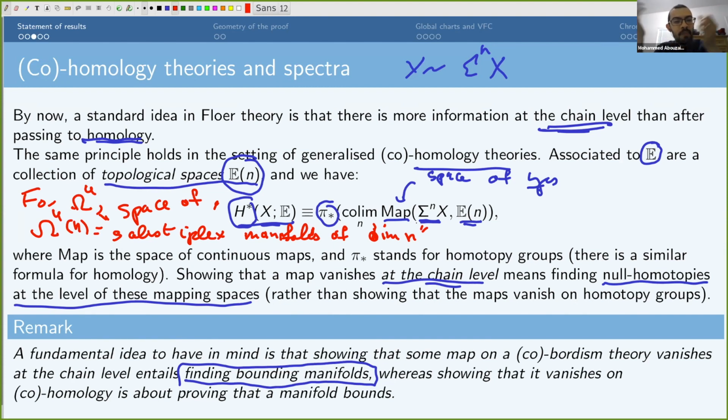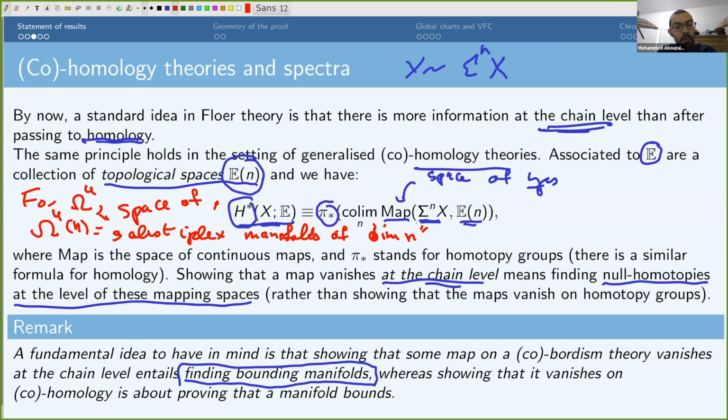What do we mean by the space of almost complex manifolds of dimension N? What it means is something like, this is a space whose zero simplices are such almost complex manifolds. One simplices are given by cobordisms between them. Two simplices are given by cobordisms, and so on and so forth.